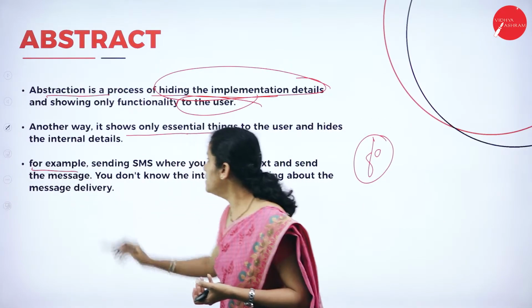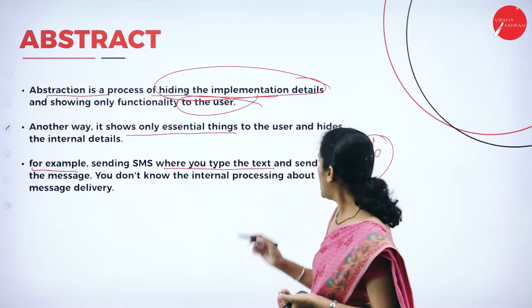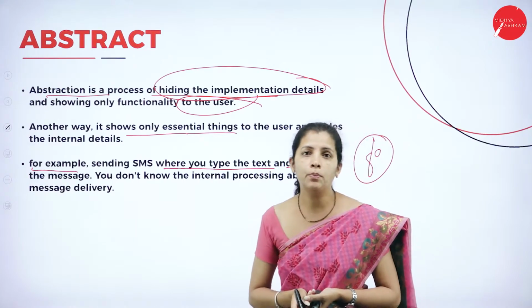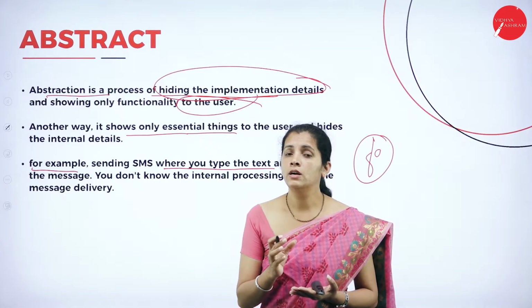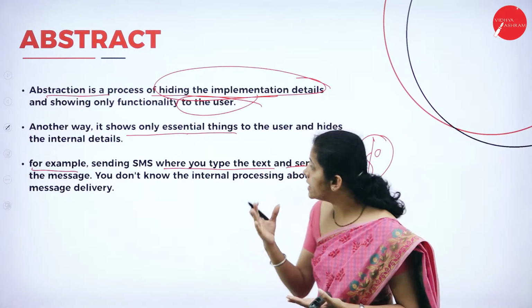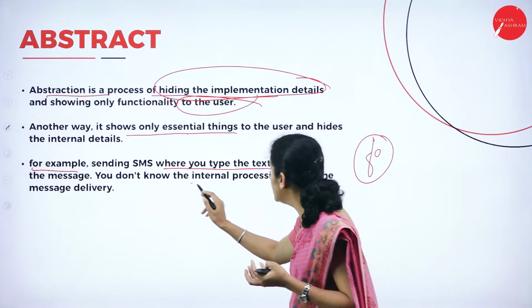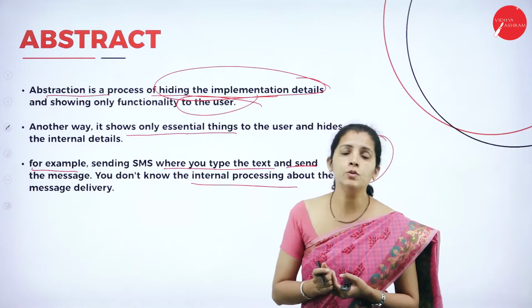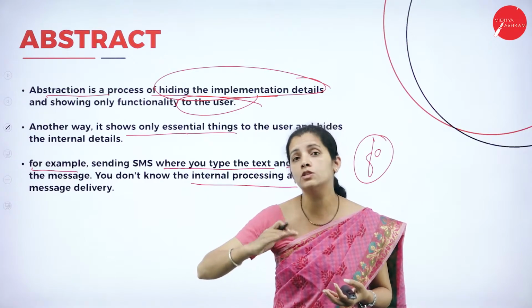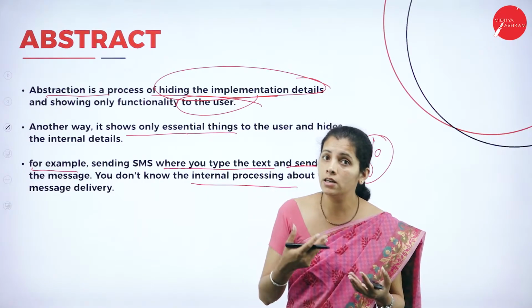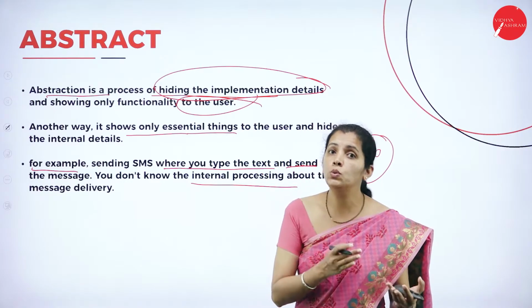Now, for example, sending an SMS, where you type the text and send the message. Suppose I want to send a message, what am I going to do? I'm going to type the text and send the message. I'm not going to bother about the internal processing of message delivery, how the message is delivered, and how the communication is established between two devices.